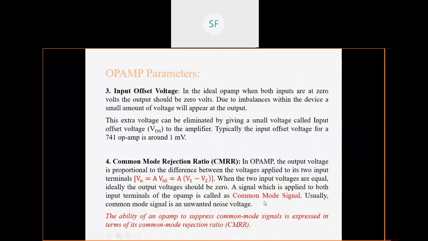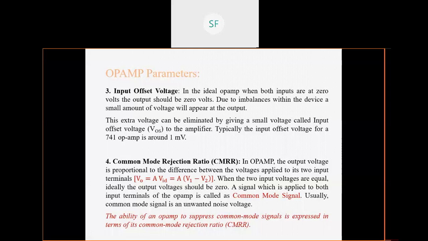If you give different voltages, then that signal is a differential mode signal. So there are two types of signals: differential mode and common mode. Usually these common mode signals are nothing but unwanted noise. Always remember this point.